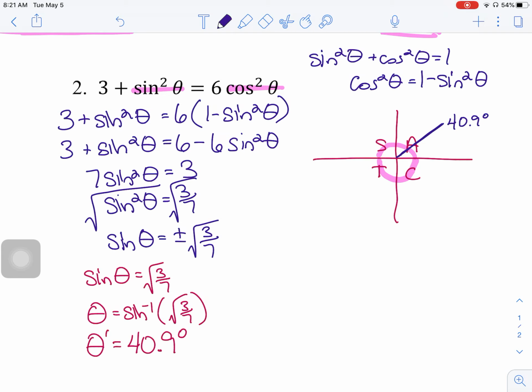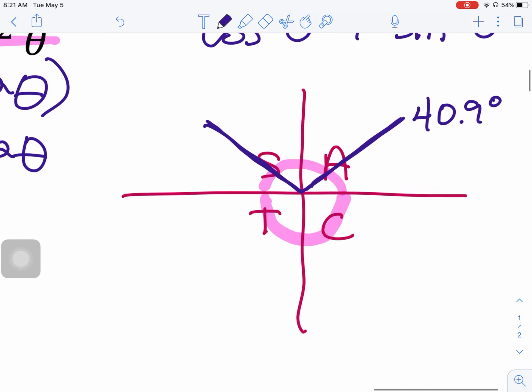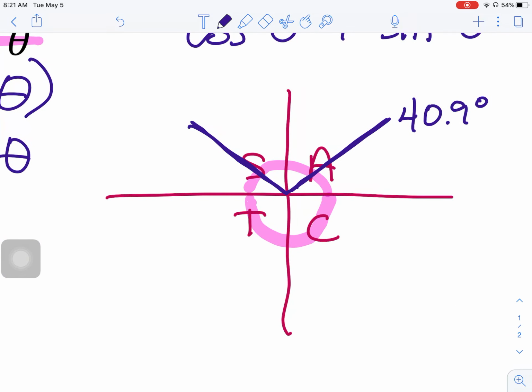So in quadrant 2, I need to find that angle that is 40.9 degrees off the x-axis. So the x-axis, remember, is 180 degrees in between quadrant 2 and 3. So take 180 minus 40.9, 139.1, I think.